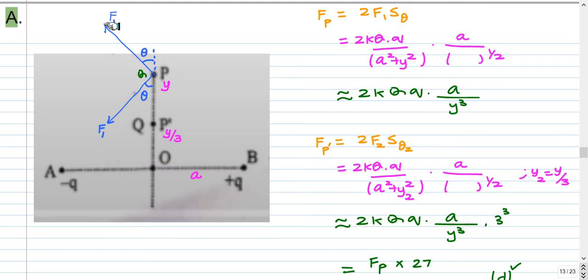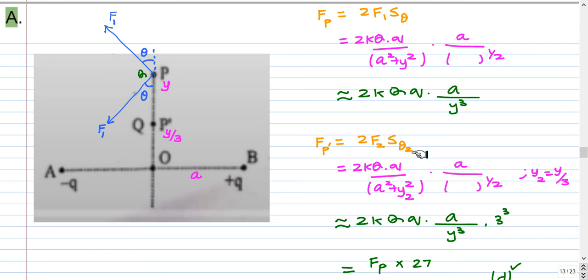F1 is the magnitude of this force, which is given by Coulomb's law: K, which is 1 by 4 pi epsilon, into the product of the charges Q into q, divided by the distance squared. The distance between P and B is the square root of this square plus this square, so a squared plus y squared. And sin theta is the opposite side, a, divided by the hypotenuse, that is the square root of a squared plus y squared.